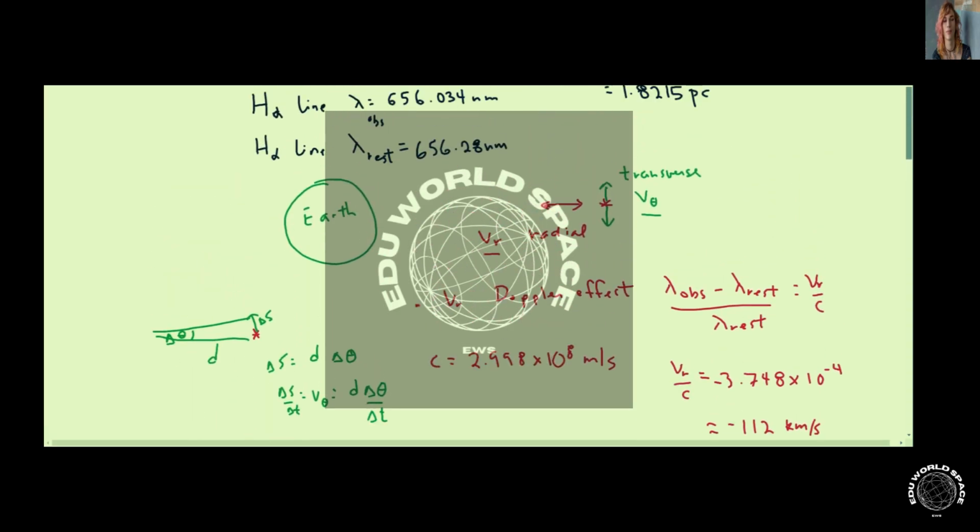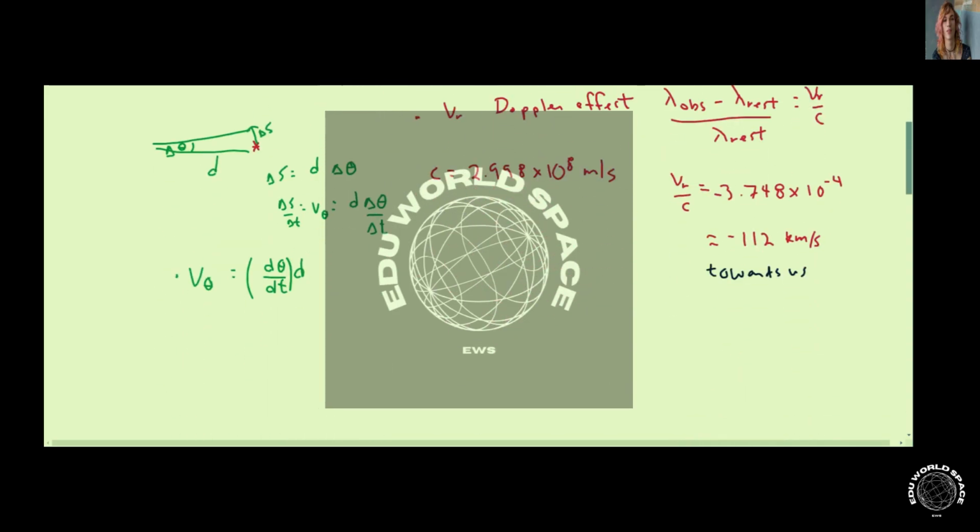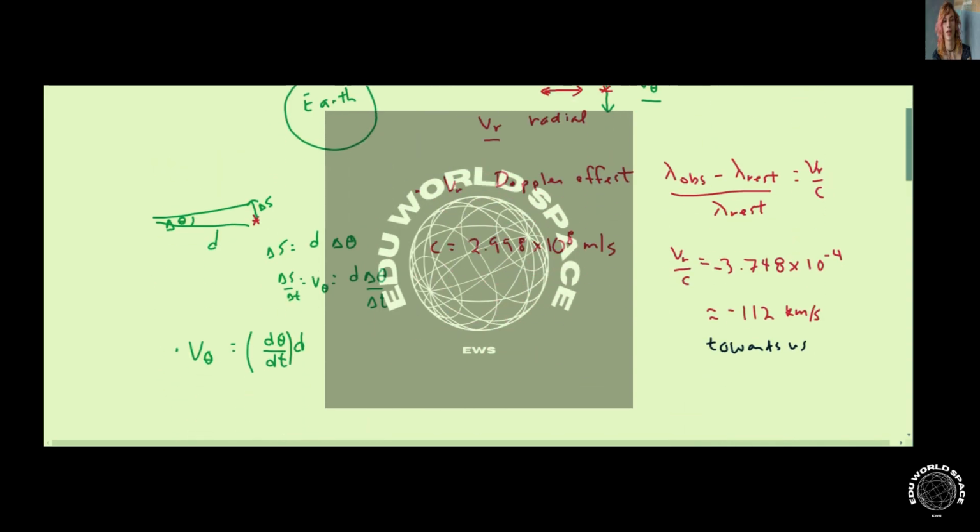We did find that d is 1.8215 parsecs. We do want to get ourselves into kilometers per second. So 1.8215 parsecs times, let's convert that into kilometers.